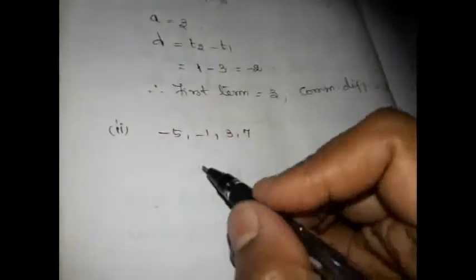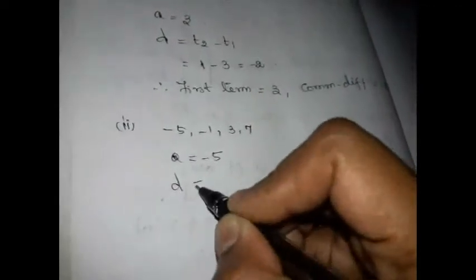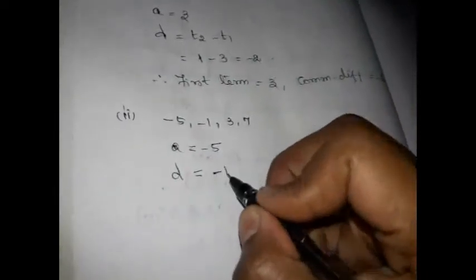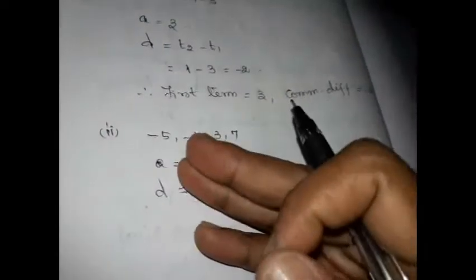Now how will you solve this? The same way only. The first term is going to be minus 5. The common difference is going to be the second term minus the first term. When you are subtracting, be careful because negative terms are there, and if you are not sure about the signs, take the last 2 terms also, because the common difference is going to be the same, since they have given in the question that it is an AP.